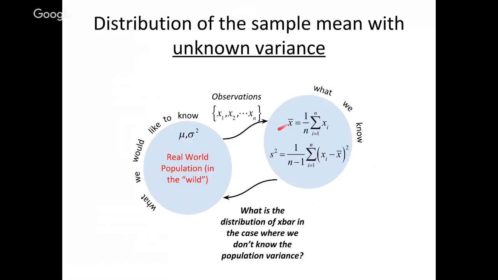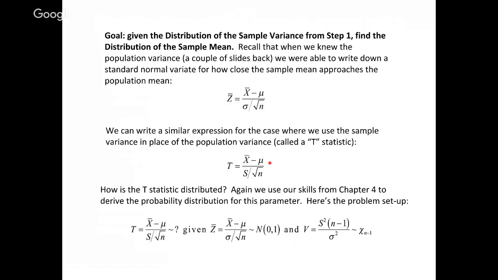In order to do that, we're going to play the same game. We're going to derive a new distribution for the sample mean based on the distribution we just derived for the sample variance, the chi-square distribution. Given that distribution, our goal is to find the distribution of the sample mean.